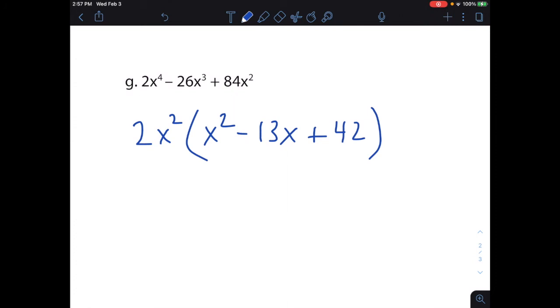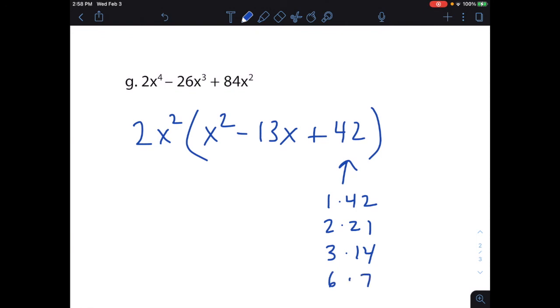And if we look at the number 42, 42 can be written as 1 times 42, 2 times 21, 3 times 14, 4 doesn't work, 5 doesn't work, 6 works, so we have 6 times 7.